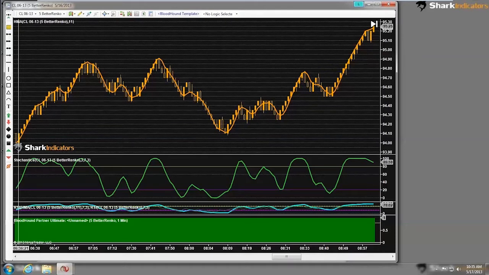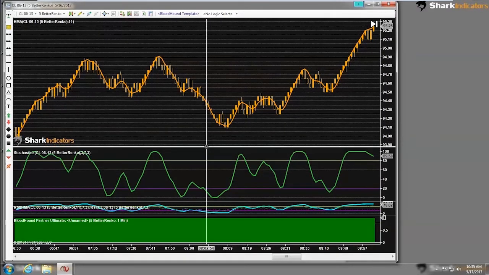If I do have some time, Tony's been trying to get a handle on synchronizing a higher time frame chart to a lower time frame chart, and I will try and address that today, Tony, if time permits. With that, guys, thanks for all the greetings, and we'll jump right to it.